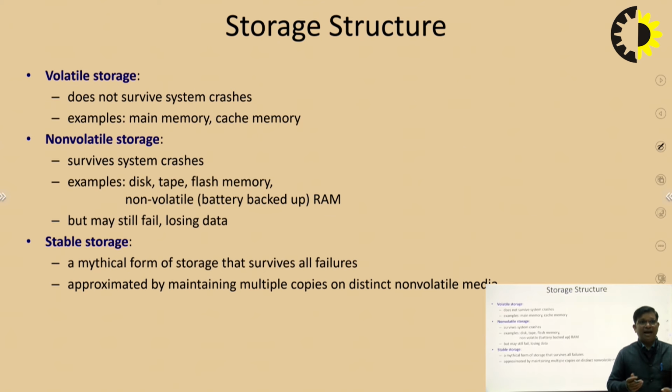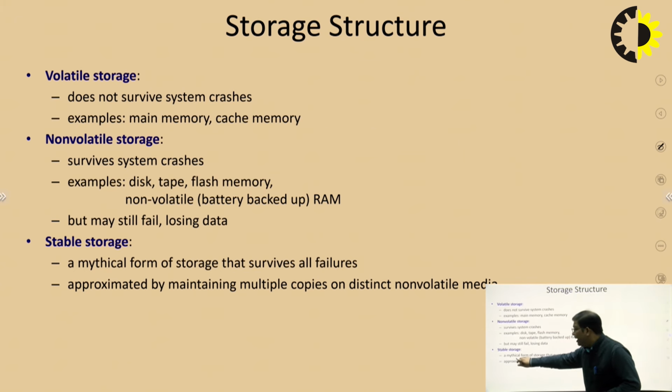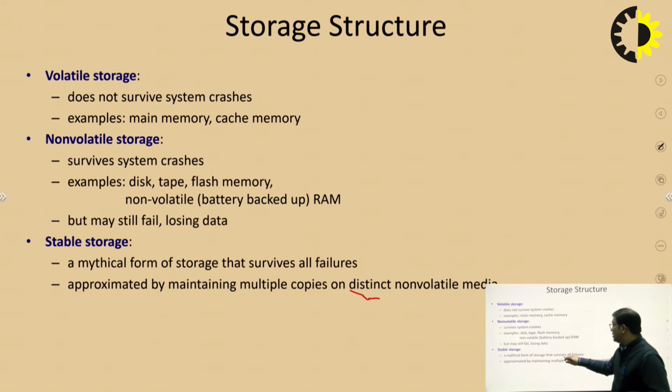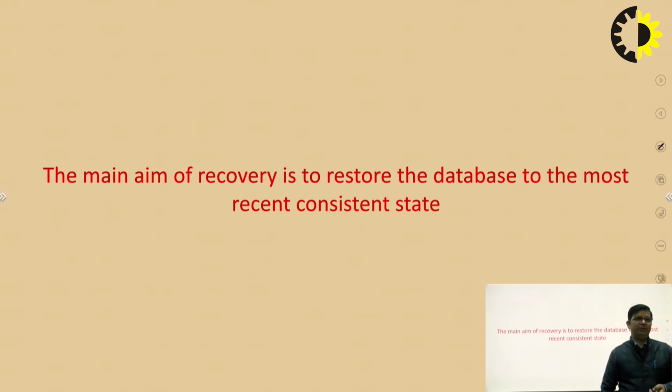Non-volatile, battery backup RAM may still fail, and due to failure it may lose data. Stable storage is a mathematical form of storage that survives all failures, approximated by maintaining multiple copies on distinct non-volatile media. That is stable storage.